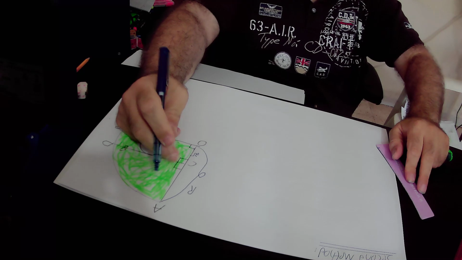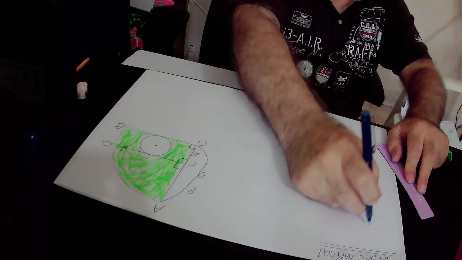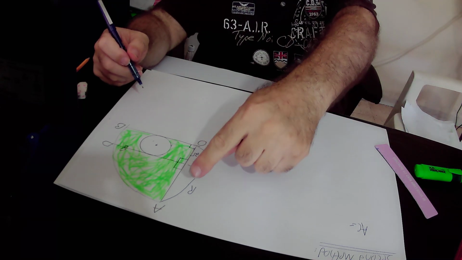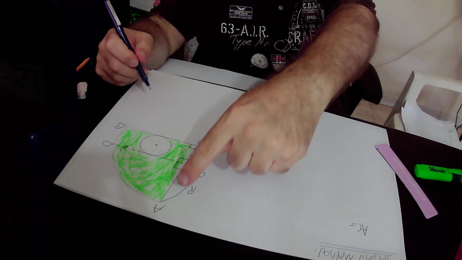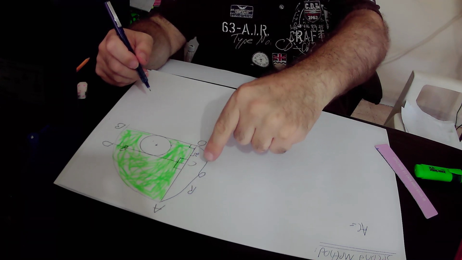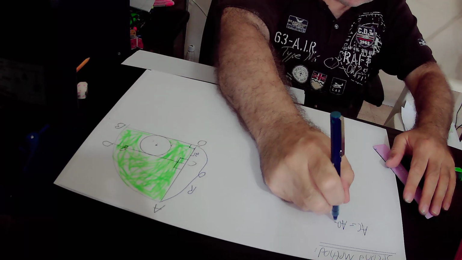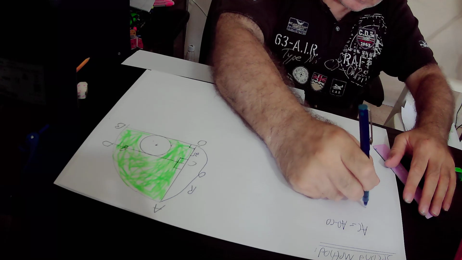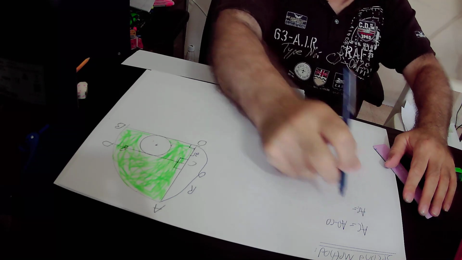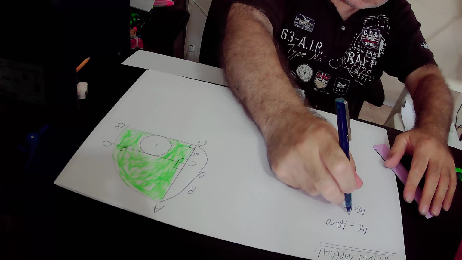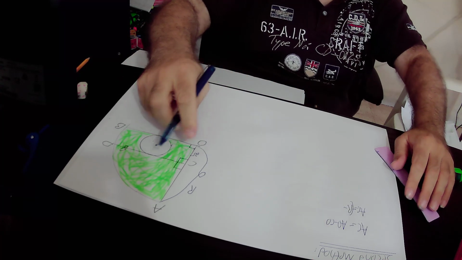What is the value of AC? AC equals AO minus CO. Again, AC equals AO minus CO. So AC equals AO, that is equal to capital R, the radius of the quarter circle, minus CO. CO equals 2R.